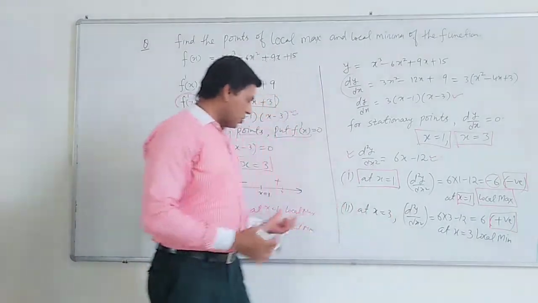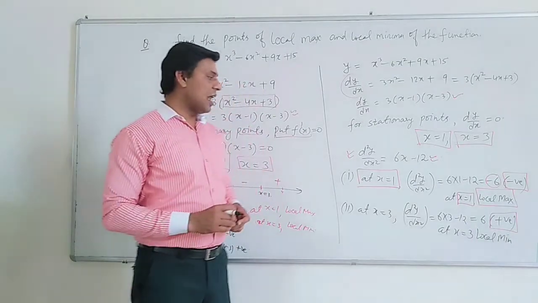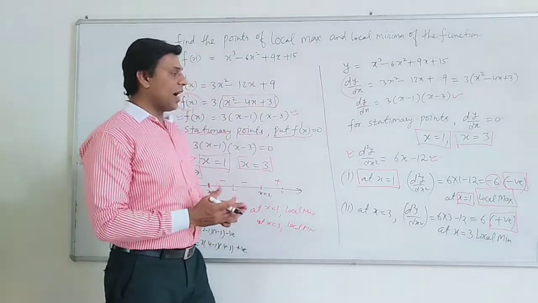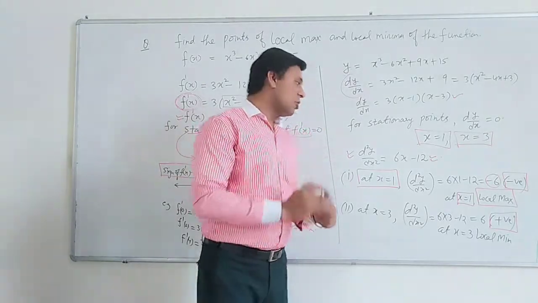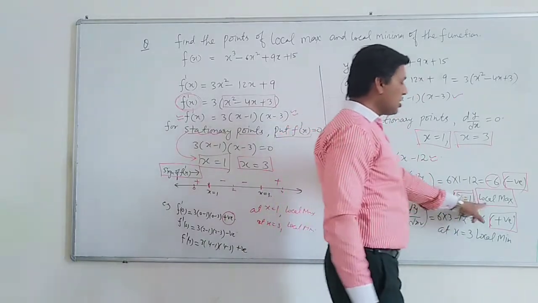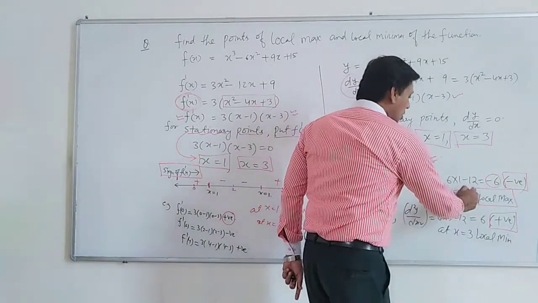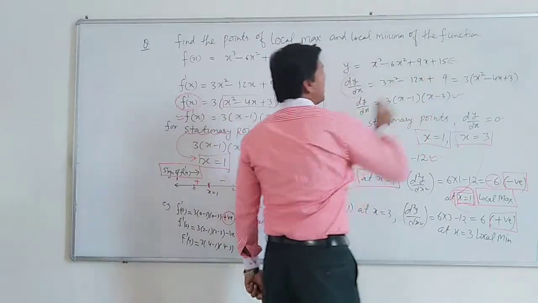Now we have done this question by both methods. One thing is left to tell you: if we need to find the local maximum value or local minimum value. Suppose I know that at x is equal to 1 there is local maxima. To find the local maximum value I have to put x is equal to 1 in the function.